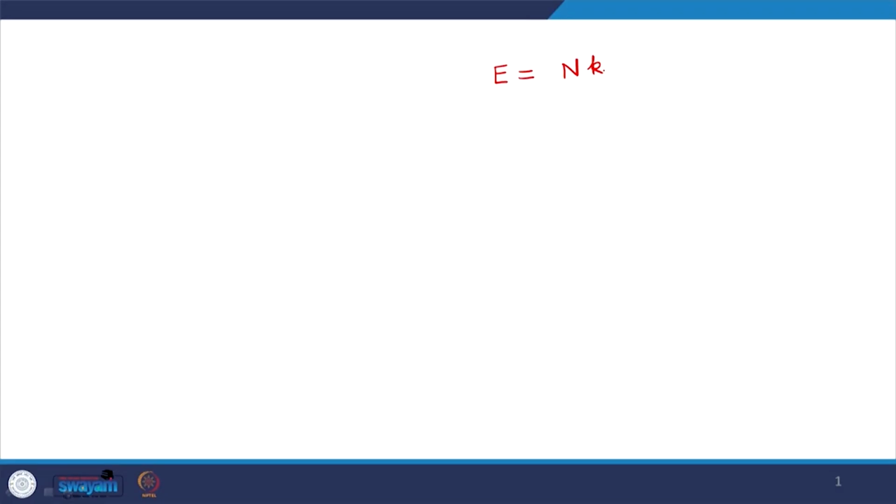Okay. So, now if you trust me on that, I am just putting an equality here, but there can be some geometric prefactor appearing here. Then I can define an energy by volume, and that will be N by V kBT.